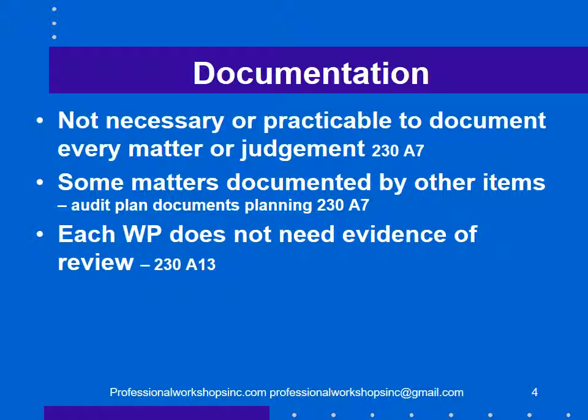The other thing it says is that each working paper does not need evidence of review. We said all working papers had to be reviewed and you had to document who did it and when, but you don't need to document that on each individual working paper.